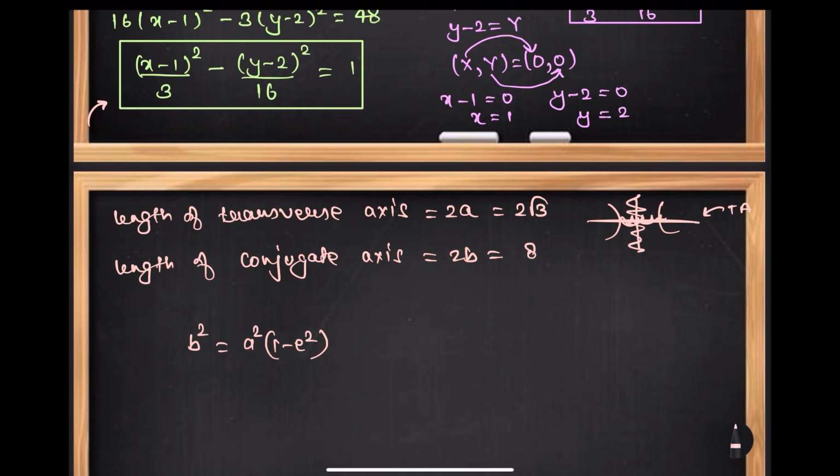But it is not an ellipse, it's a hyperbola. So in a hyperbola, b square is replaced by minus b square.